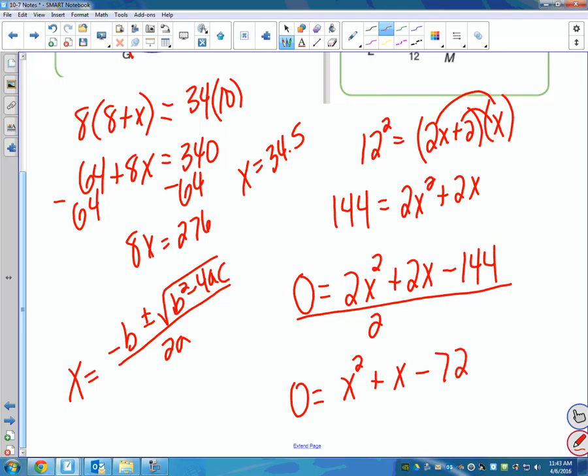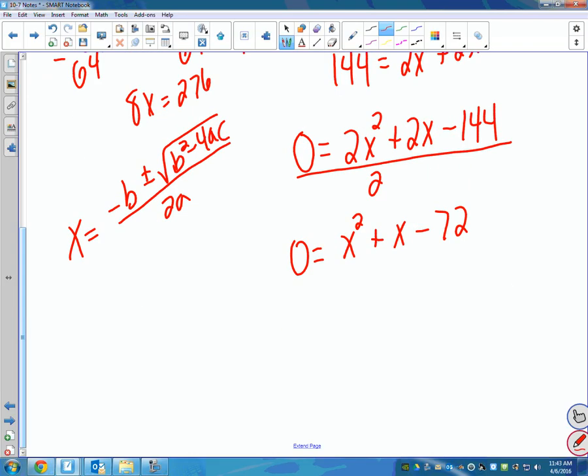So here's where you can do the quadratic formula. You also could look to factor, and I'm going to do both here just to review with you because I think this is factorable as well. So factoring only works if you have nice answers, right? No decimals. So if you want to factor this, you have to think, what multiplies to give me x squared?